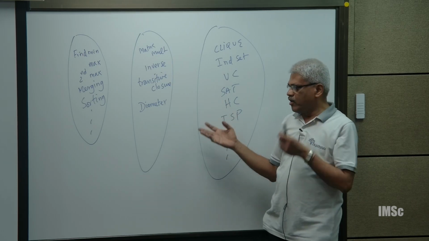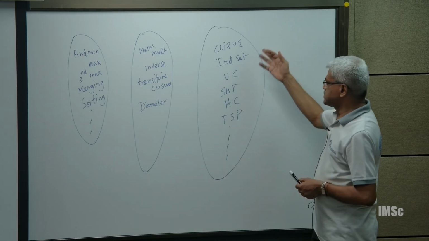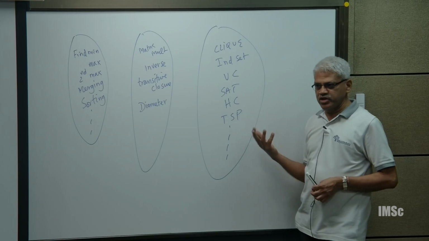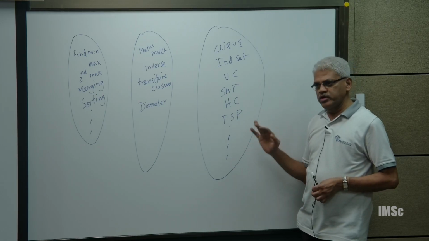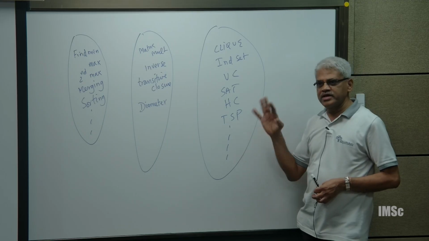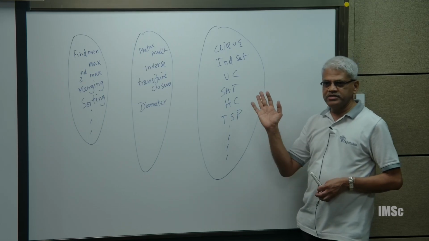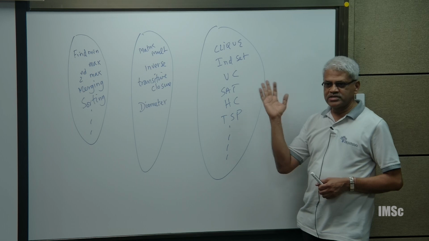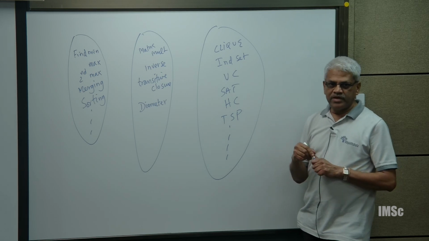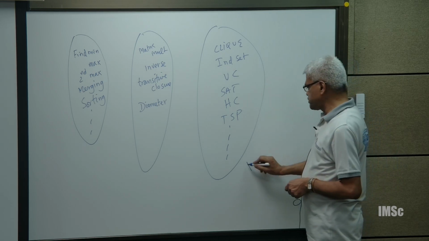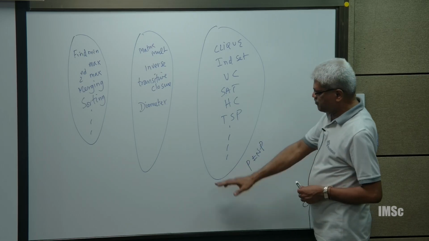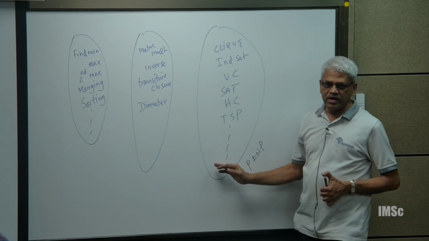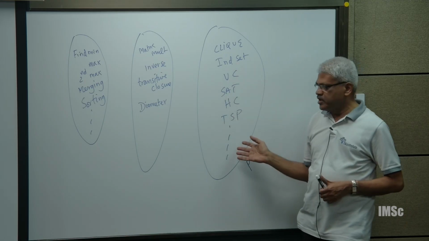But again, just as showing something NP-complete also gives a lower bound that there is no polynomial time algorithm under the assumption, what is the assumption? P is not equal to NP. So, under the assumption P not equal to NP, there is a lower bound that strictly more than polynomial time is required for these problems.